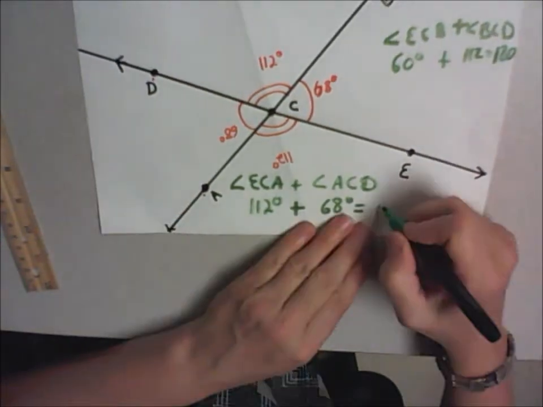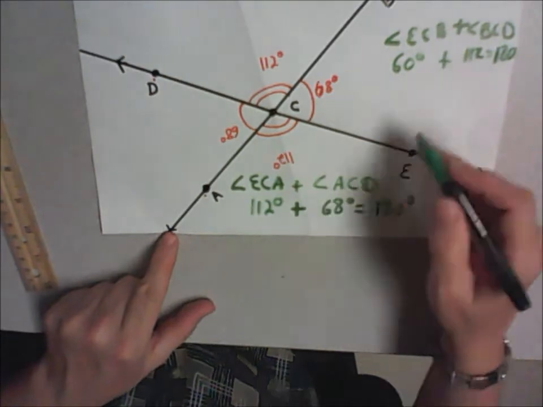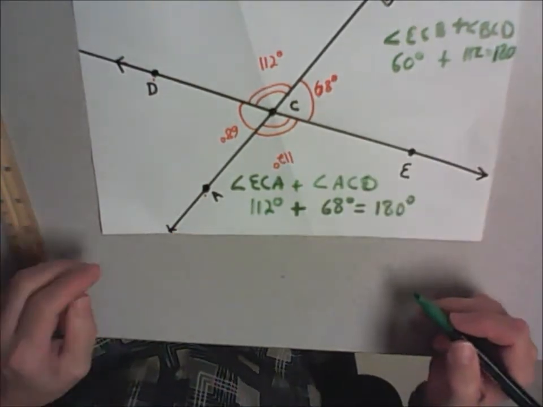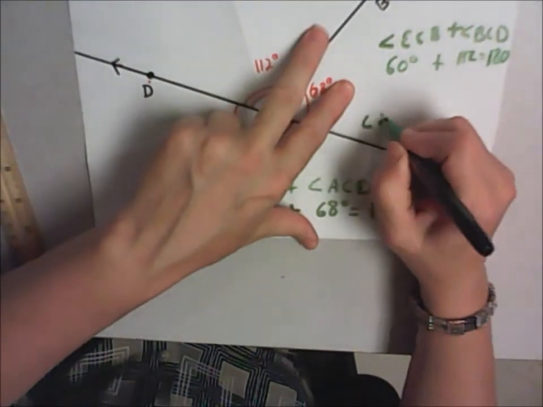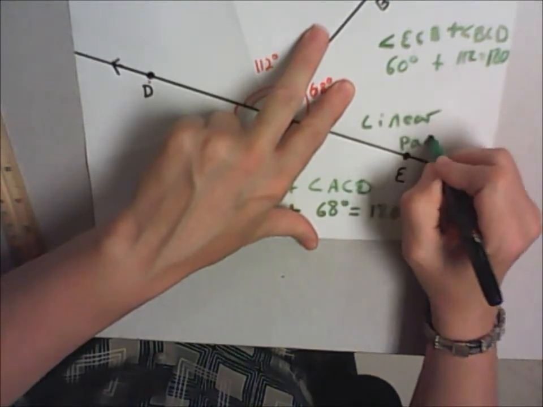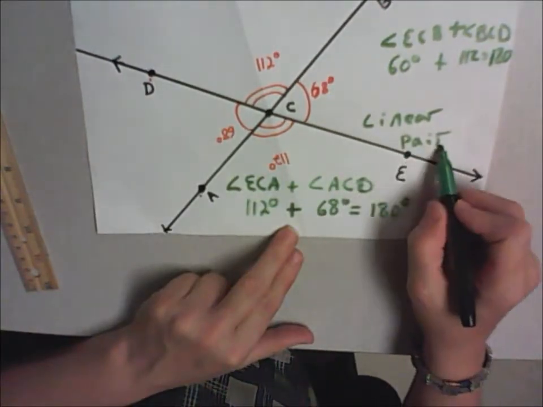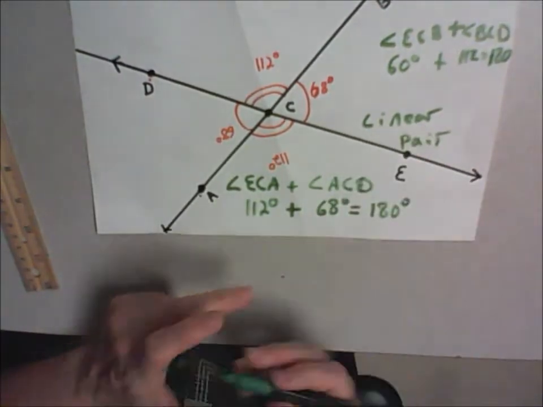If I add those together, I do get 180 degrees. So these two form a linear pair. Linear has the word line in it, and pair, so it's a pair of angles that form a line.